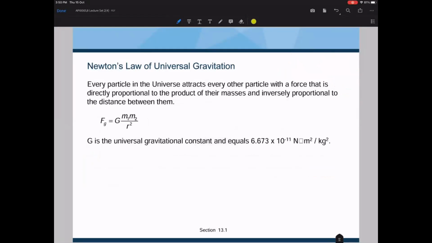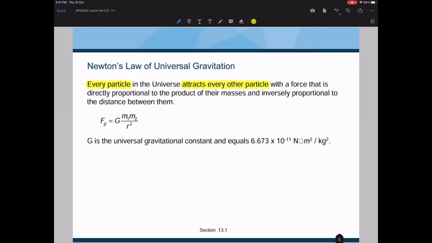And just to give a very quick summary of the equation form of the gravitational force: according to Newton, every pair of particles in the universe would attract each other.